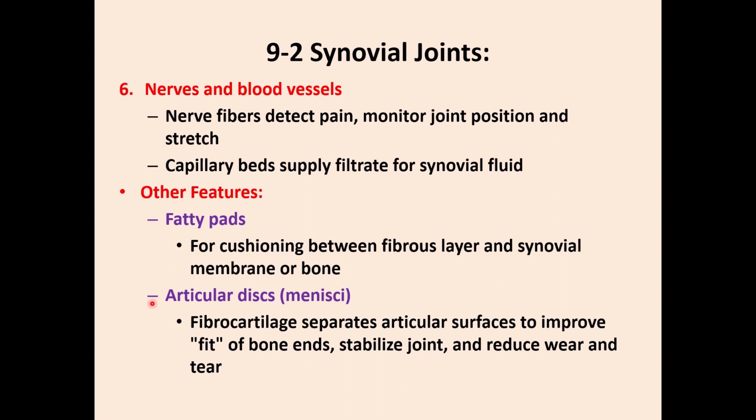It stabilizes the joint, and because of the stability, it reduces abnormal movements. So if the abnormal movements are decreased, then there is less damage to the joint. And a good example of articular discs is the knee joint.